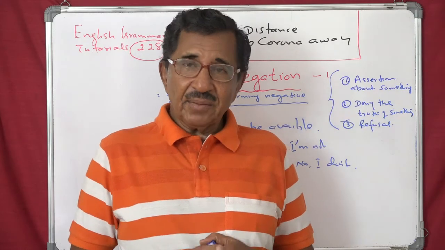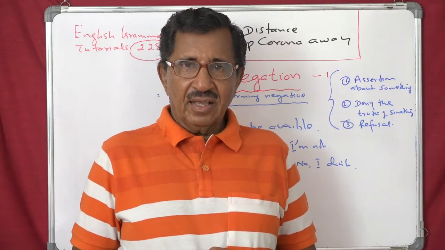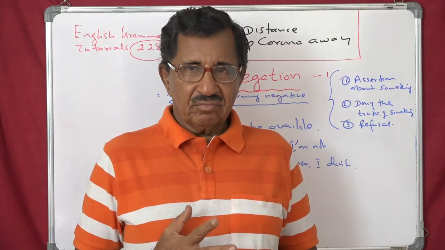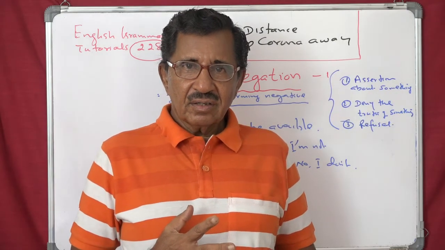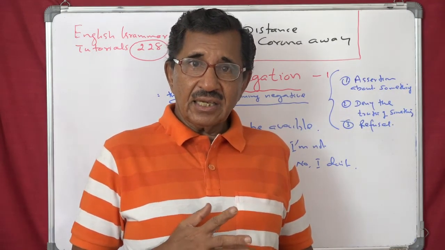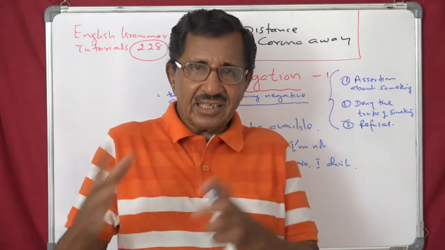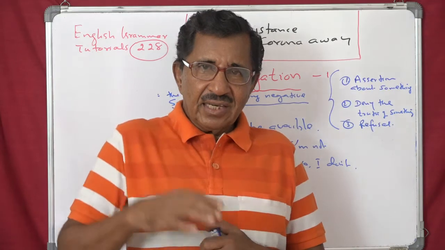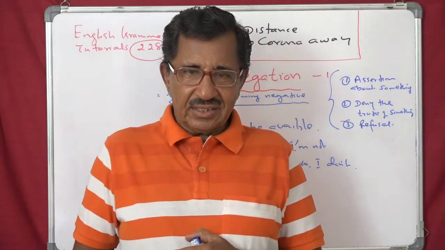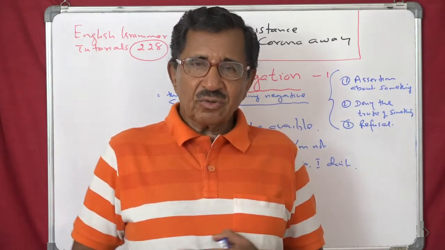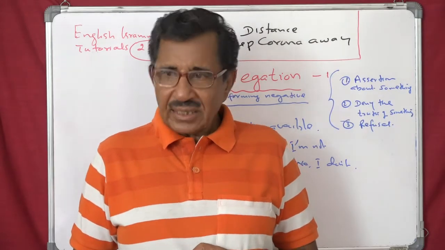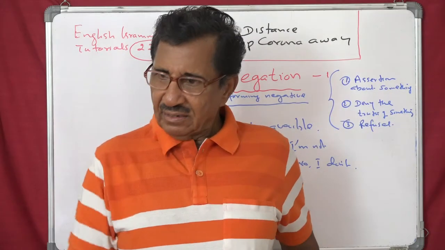First is asserting about something. See, I won't be at home. Or he isn't coming. It's a fact that he isn't coming, but you are using a negative sentence. Second is, you deny the truth of something. See? The teacher asks, you are tired?